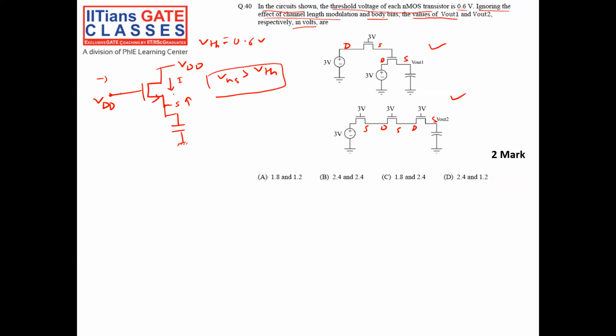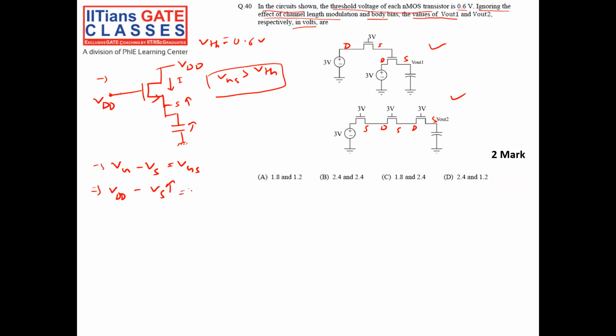When my transistor is on, the current will flow. Since the current will flow into the capacitor, the voltage will start rising. So you see, now Vg minus Vs is VGS, right? Vg is constant, it is VDD. Since my gate is on, what is happening to my source is it is getting increased.